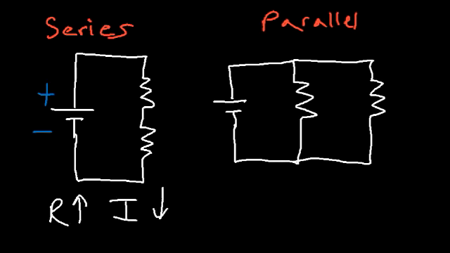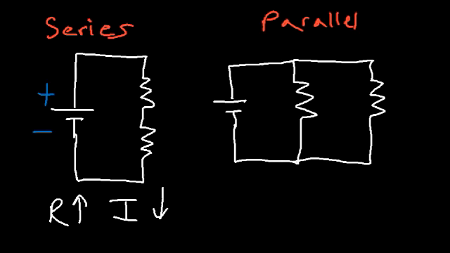So if you put 3 light bulbs in series, it's going to be even dimmer because there's less current flowing through it. Whereas in a parallel circuit, the voltage is the same, so it doesn't matter how many light bulbs you add. As long as you have a strong enough battery that can dish out enough current, each light bulb will remain bright.